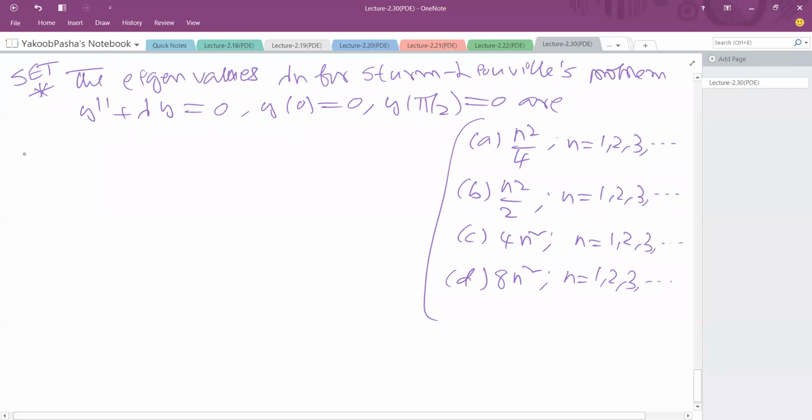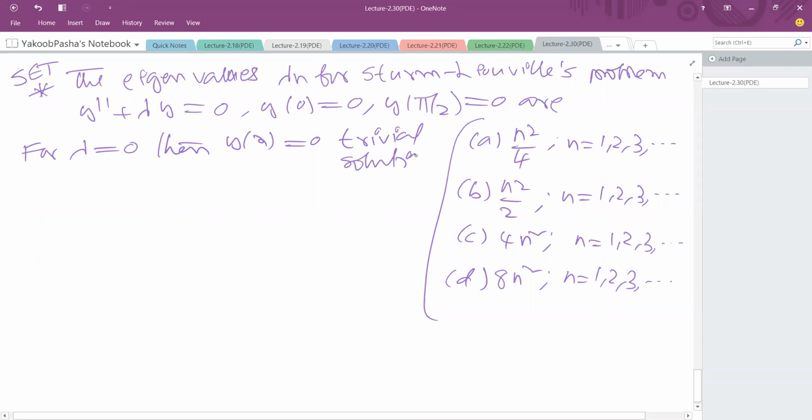For lambda equal to 0, we get a trivial solution. You can check: for lambda equal to 0, we have y of x is equal to 0, a trivial solution.